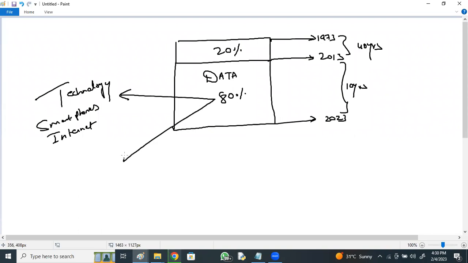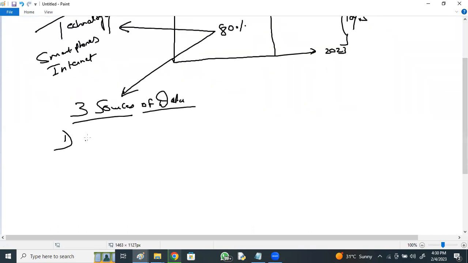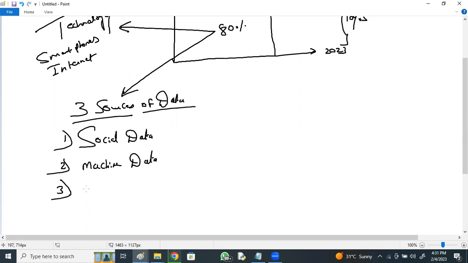And what are the main sources from where this data has been generated? Mainly I can say three sources of data: social data, machine data, and transactional data.